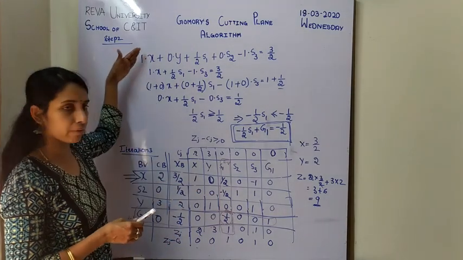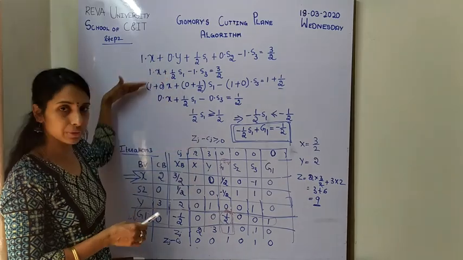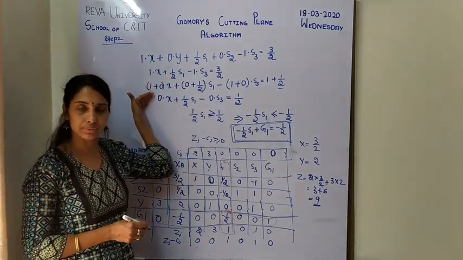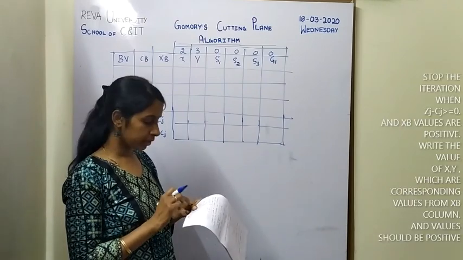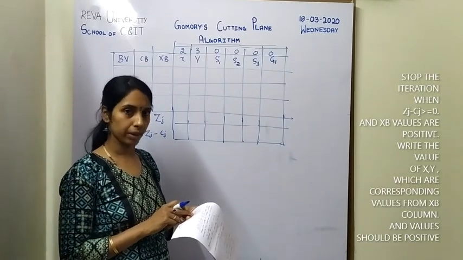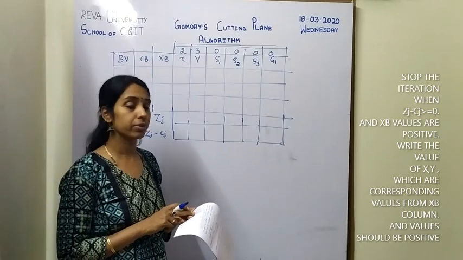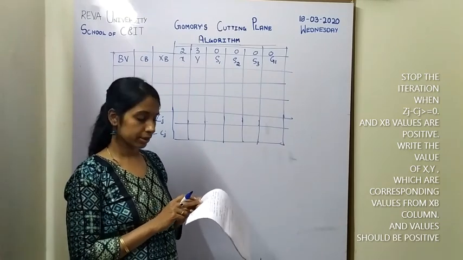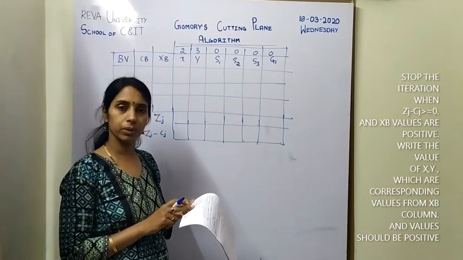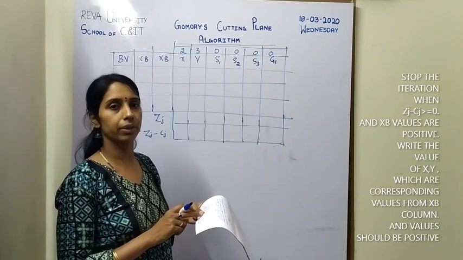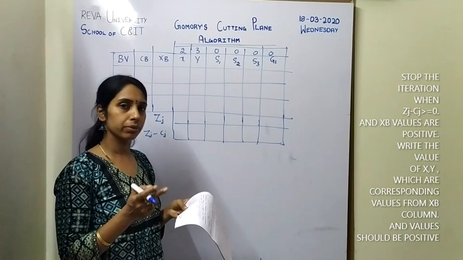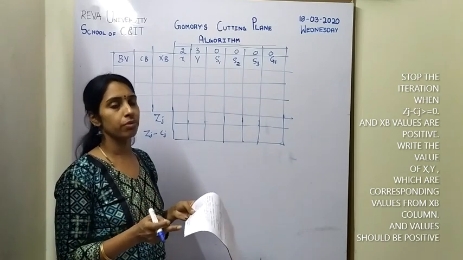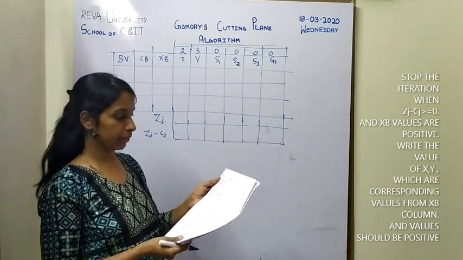So one more iteration, and you have to find out all the values. In the previous table we found S1 is the entering variable and G1 is the leaving variable. So you find out the values of that G1 row just by finding the old value divided by the pivot value, and all the remaining values you have to find out by using old value minus new value into value in the entering column.